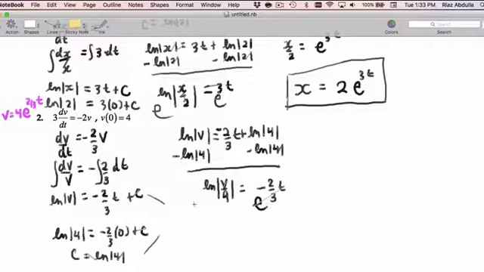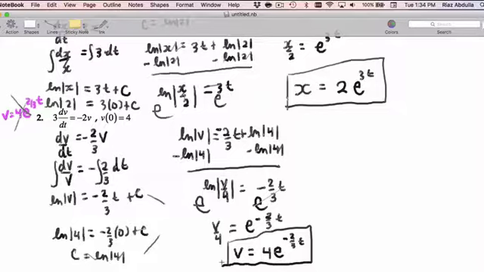Let's exponentiate both sides. E and ln are inverse functions, so we just end up getting v over 4 equals e to the negative 2/3 t. And let me make absolutely sure I got that right. So I was a little off. I had my sign wrong. So this was not the best way to go. So v equals 4e to the negative 2/3 t.